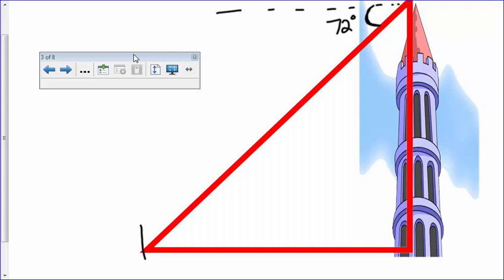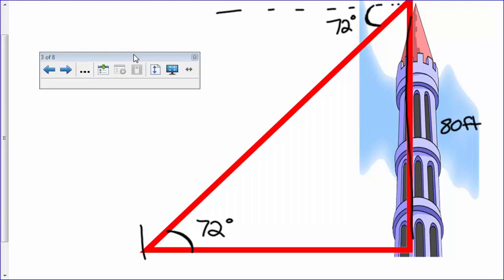Well, that angle is not in my picture, so I'm going to get it into my triangle using the alternate interior angle and call this 72 degrees. It goes on to tell me that the top of the tower is 80 feet above the ground, so that means that this height is 80 feet. Do I want to know my hypotenuse or my adjacent side here?